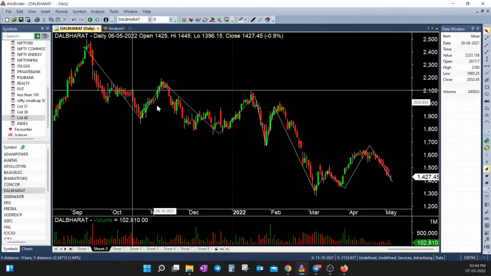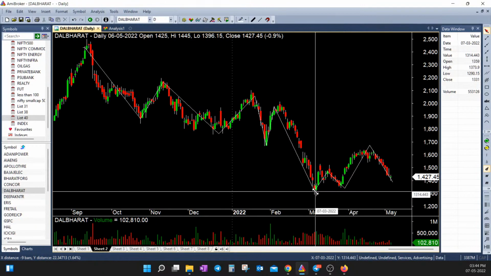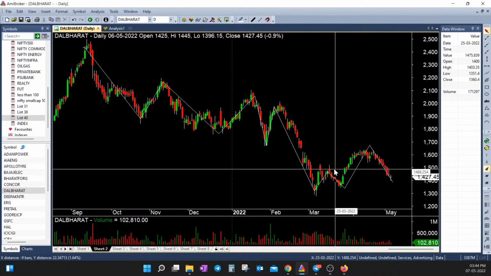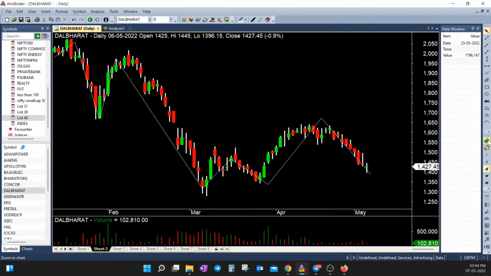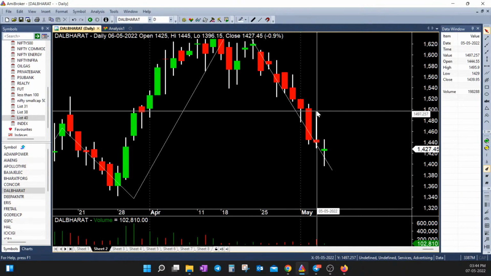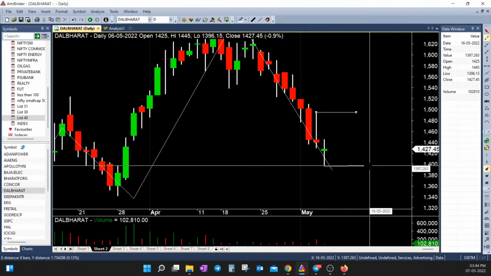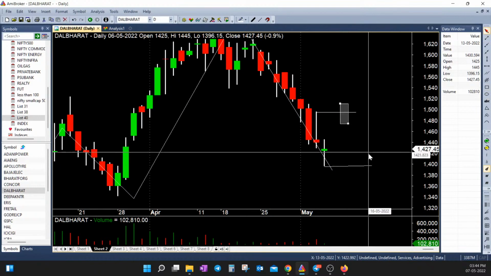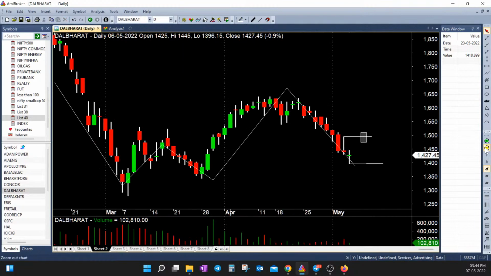See, it was coming in a downtrend, but now the uptrend has started here. One low, higher low, higher low, high, higher low. So here, once this doji high has been crossed, we can go by here.